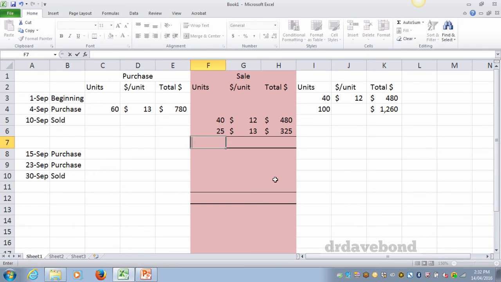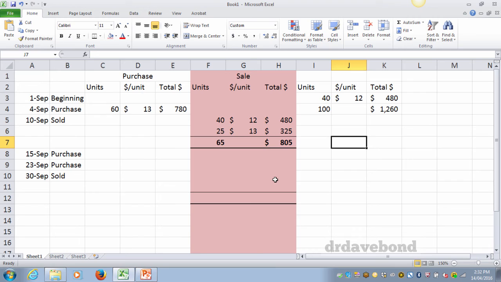Equals 40 plus 25, that's your 65 units. We don't do the dollar per unit because we don't need to in this case. All we're after is the total, which is 805. That 805, that is your cost of goods sold.